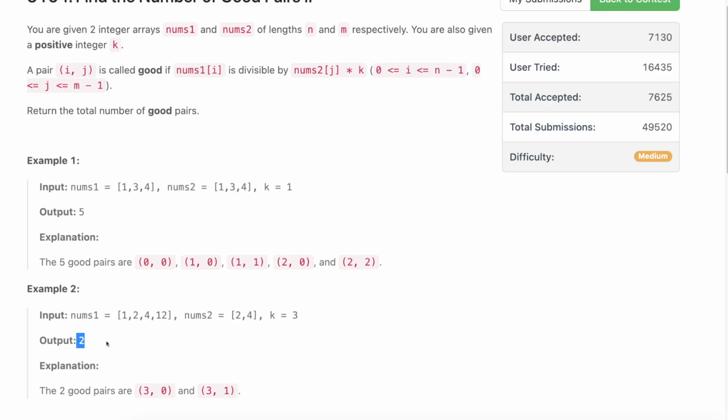Now for simplicity, let's forget about k completely. Let's assume that k is 1 and we will solve the entire problem with both approaches with k equals 1 only, and adding k to that will be very trivial after you have understood how to solve this without k.